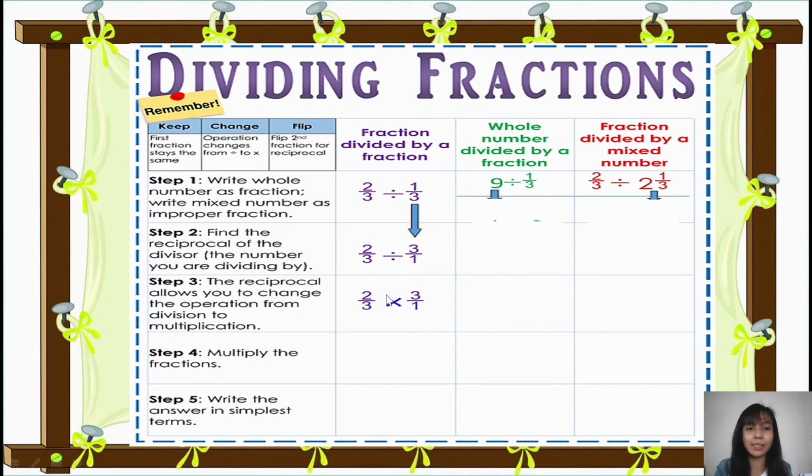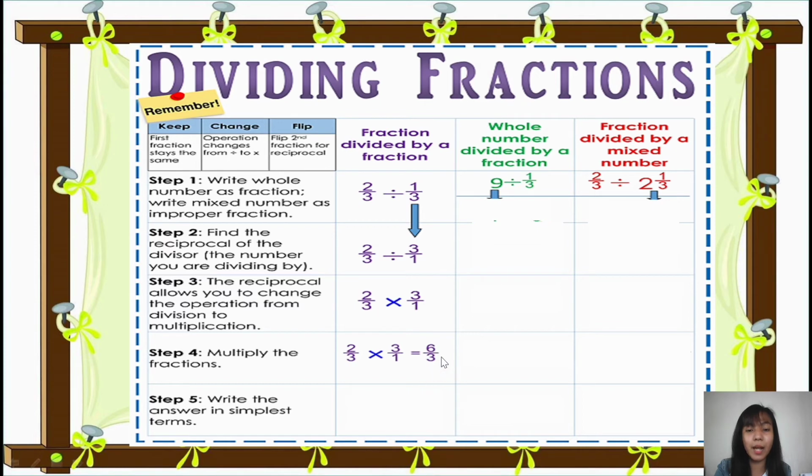Next, multiply the fractions. So go back to how you multiply fractions. Just simply multiply the numerators, 2 times 3 equals 6. The denominators, 3 times 1 equals 3.